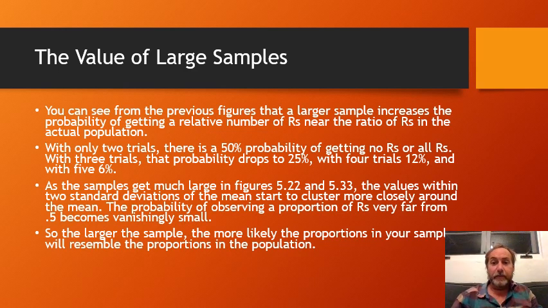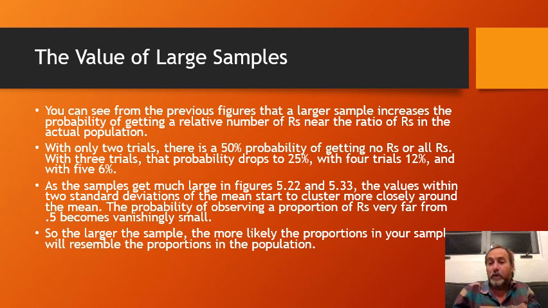We can see from the previous figures that a larger sample increases the probability of getting a relative number of R's that is pretty near the ratio of R's in the actual population. If the actual ratio is 0.5, half of the population are R's, and I just draw 2, I have a pretty good chance, about 25%, of getting no R's, which is way off from the population.